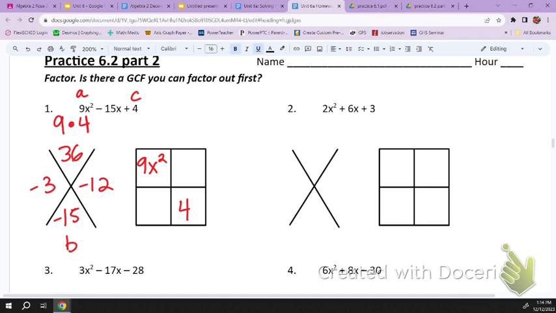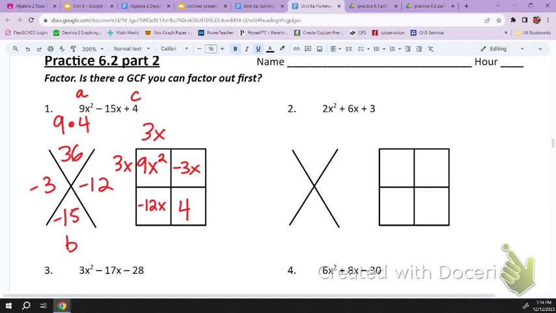And now here's where we really need the box. I'm going to put a negative 12x here, a negative 3x here. And now I'm thinking, what two things multiplied to get me 9x squared? 3x and 3x. So 3x times 3x gets me 9x squared.